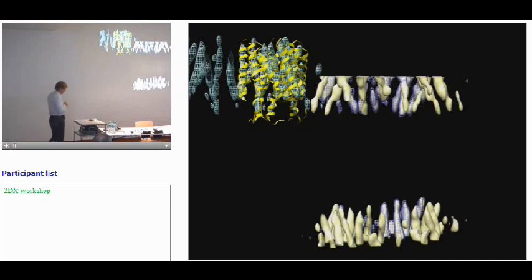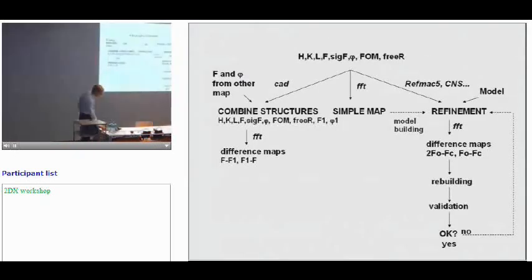This can all be done with CCP4 routines which manipulate the maps. You can extend maps, you can shift maps, and so on and so forth. So this is calculating a simple map.